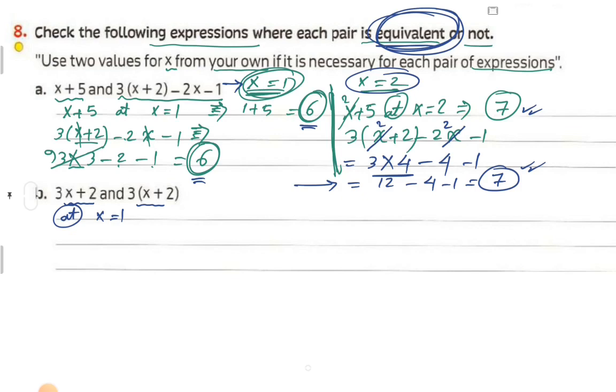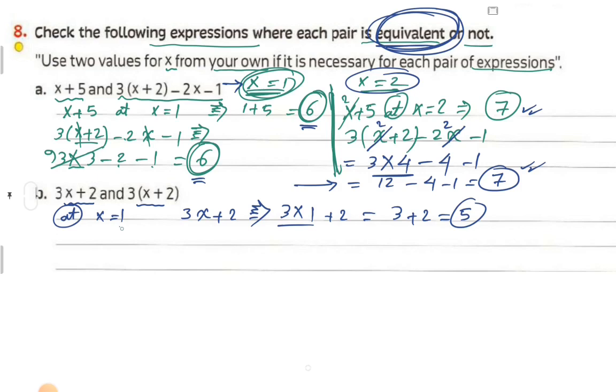First, at x equals 1. The first expression, 3x plus 2, will give us: remove x and put 1. So 3 times 1 plus 2. Start with multiply. 3 times 1 equals 3, plus 2 will be 5.